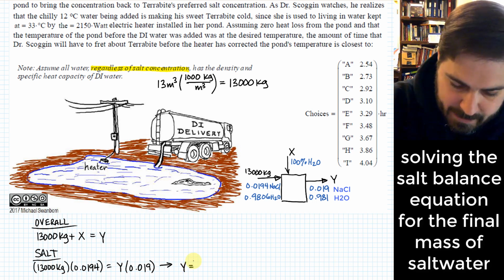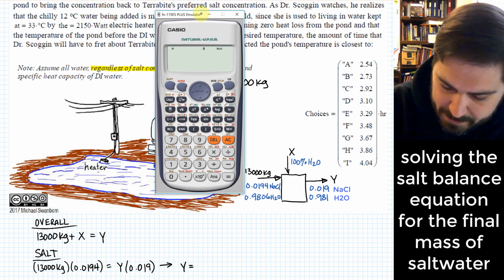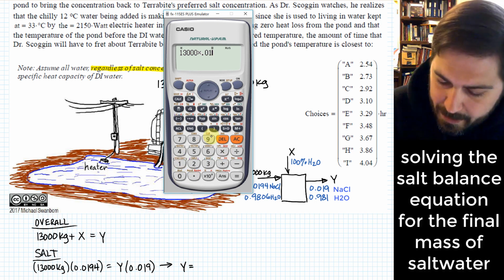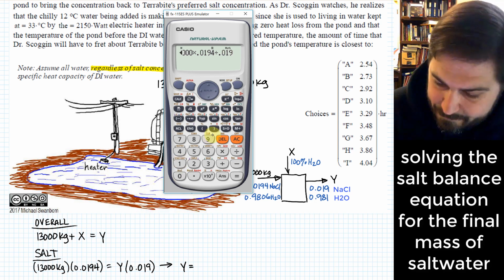We can do that by just doing 13,000 times 0.0194 divided by 0.019.